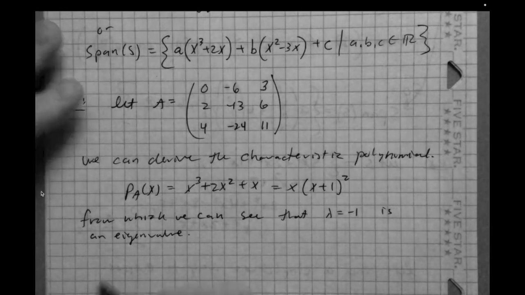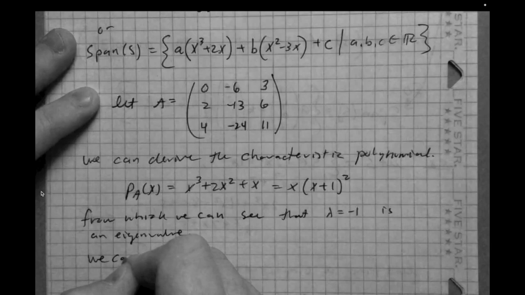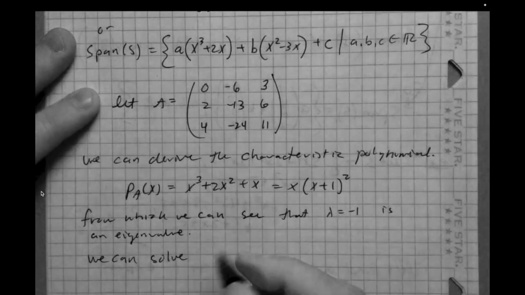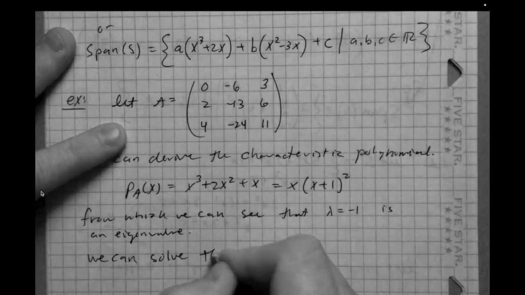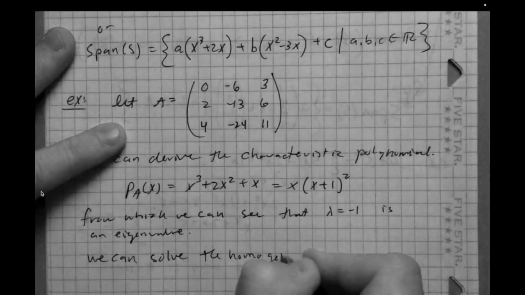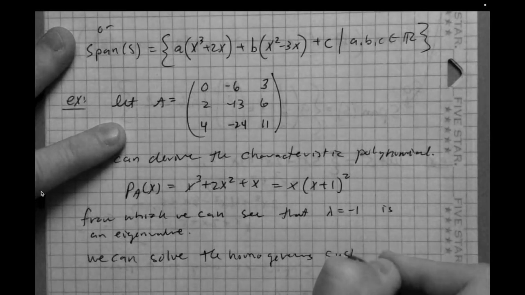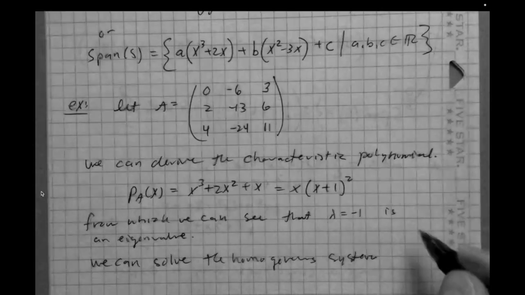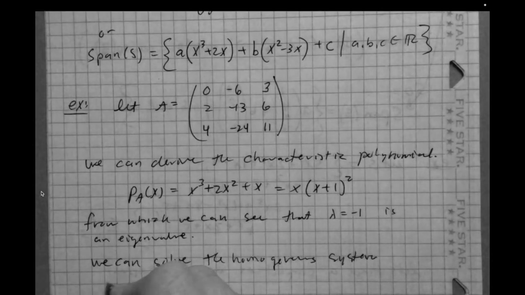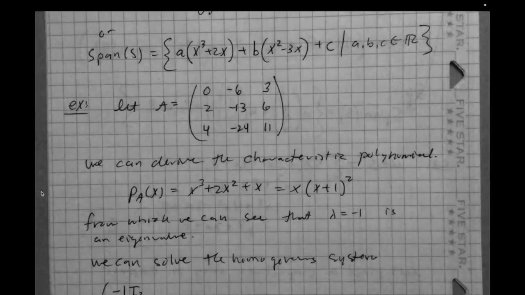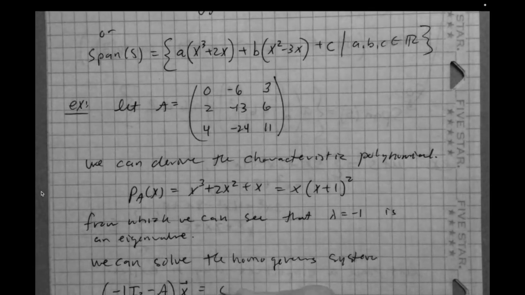And so let's see. We can solve the homogeneous system, right? And so the way we have to set this up is, it would be lambda I minus A, so lambda is -1, and then this would be -1 times I3 minus A, times the vector x equals the 0 vector.